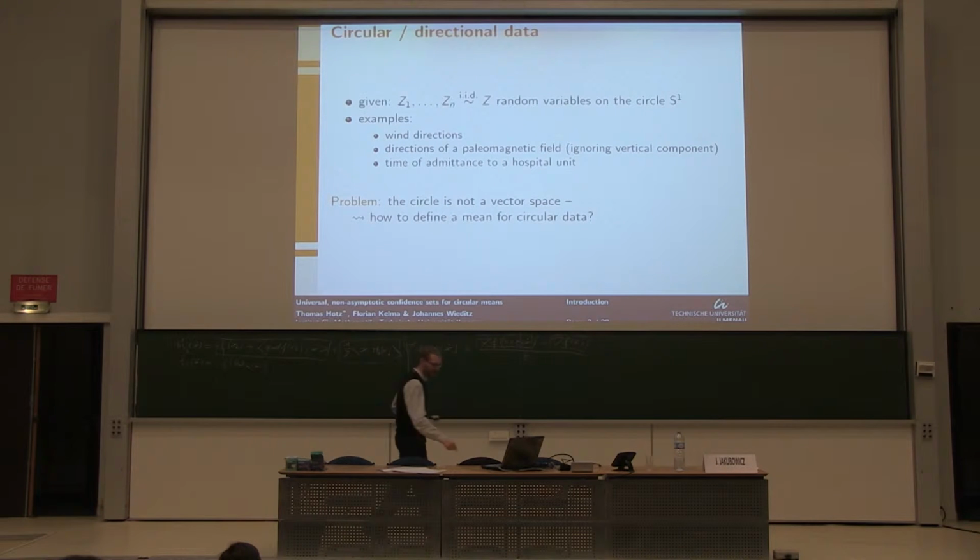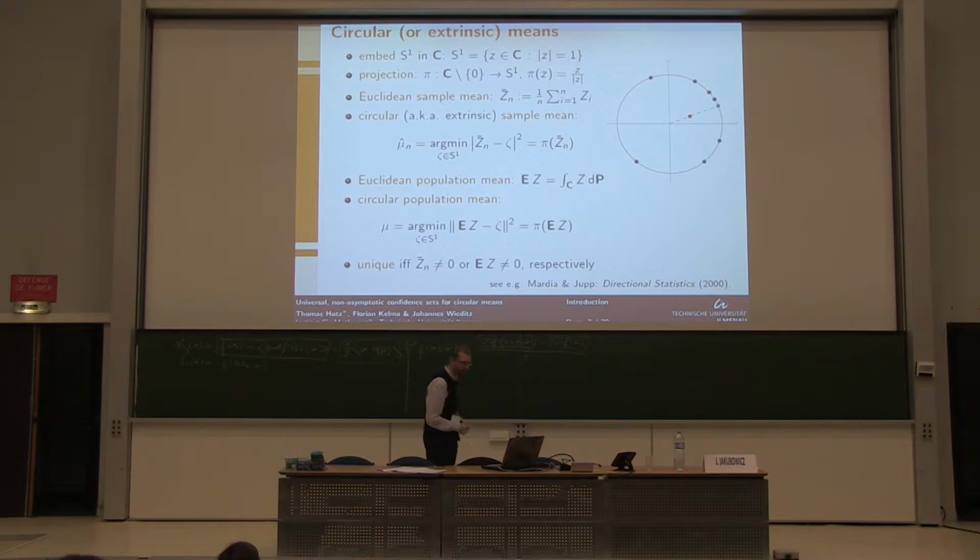So what can you do? Well, the simplest thing maybe to do is you embed the circle, say it's a unit circle in the complex plane. Now in the complex plane, of course, you can average. You average your data Z1 to Zn in the complex plane to get Zn bar, the Euclidean average, if you like.